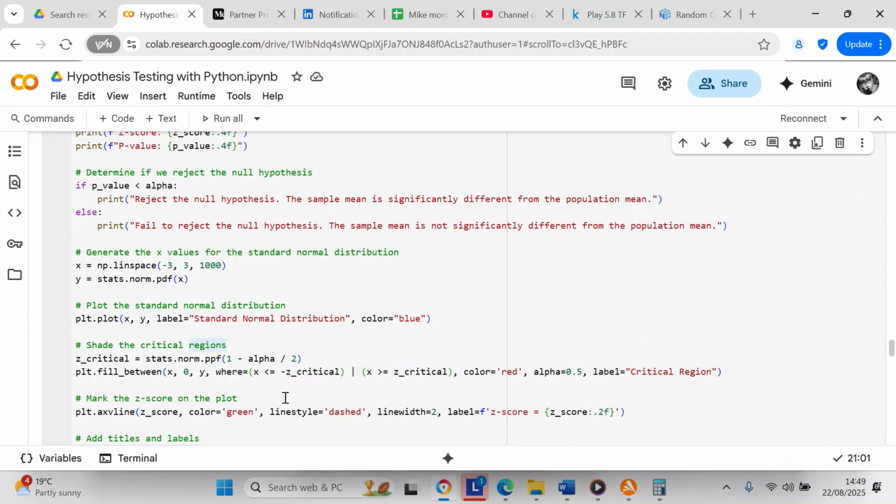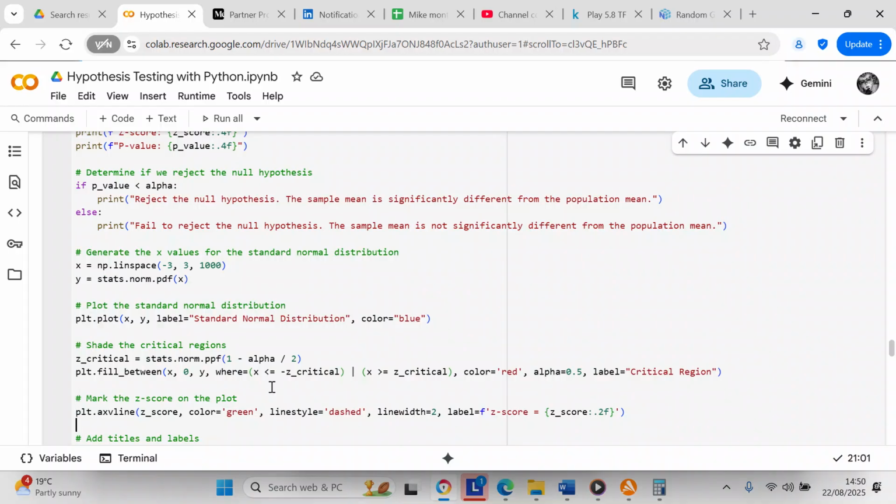Now plt.fill_between(x, 0, y, where equals x is less than or equal to negative z critical, or x is greater than or equal to z_critical, color equals red, alpha equals 0.5, label equals critical region).